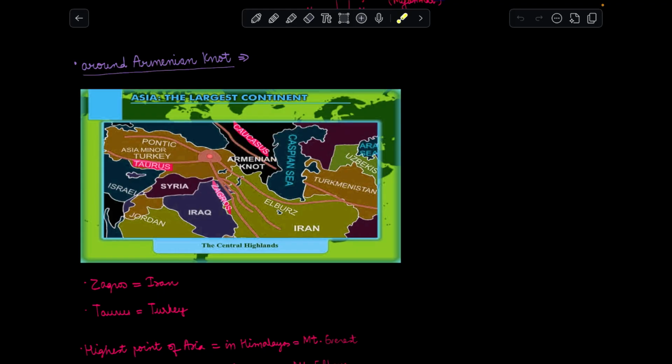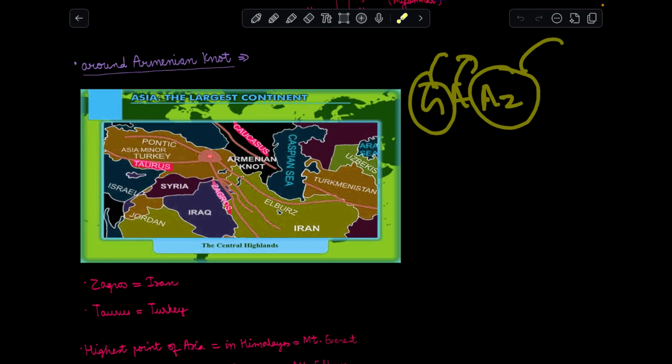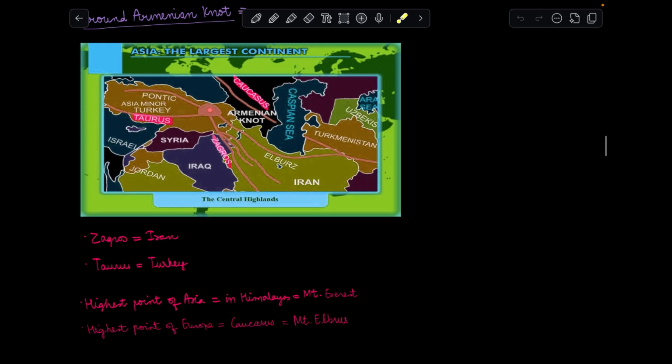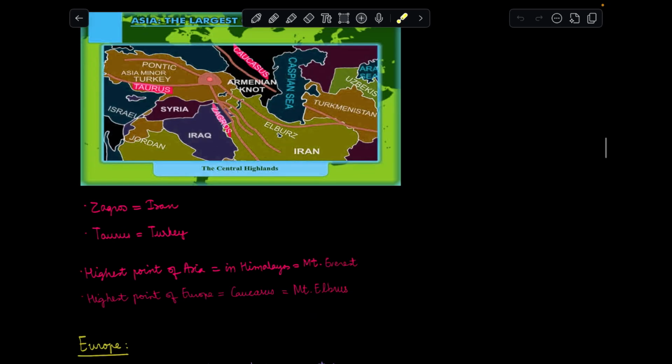The Caucasus Mountains also form a boundary between Asia and Europe. The countries near the Caucasus Mountains are GAAZ, like Georgia, Armenia, and Azerbaijan. So the Zagros are in Iran, and the Taurus are in Turkey. Some part of the Zagros can also be seen in Iraq from this map. Let me know in the comments, is it mostly in Iran or Iraq?